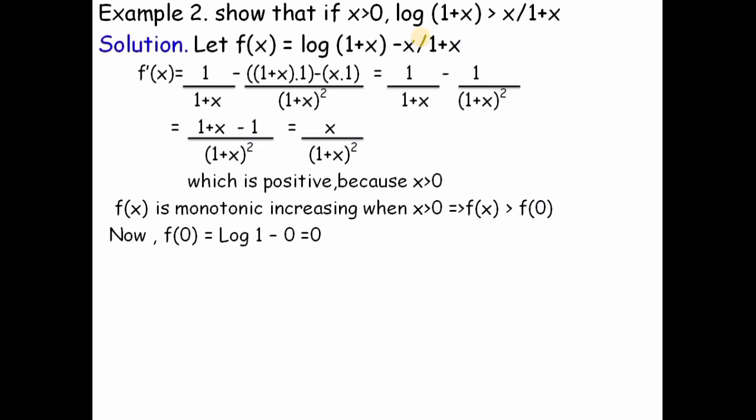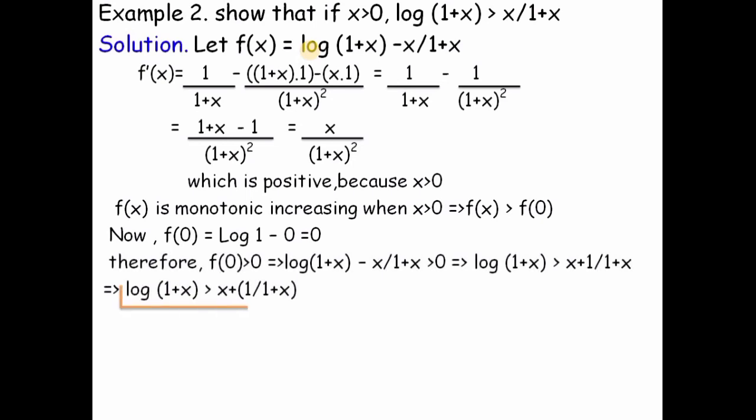Because x is always greater than 0, by increasing the value of x, f(x) always takes a higher value. Because it is a monotonically increasing function, f of 0 is less than f of x, as x is greater than 0. So f of 0 is 0 and f of x is always greater than 0.